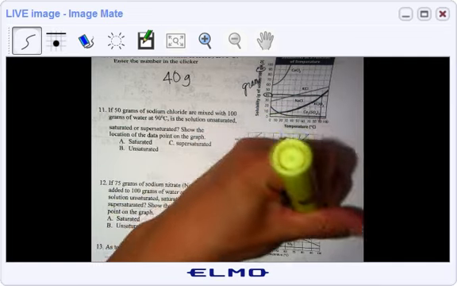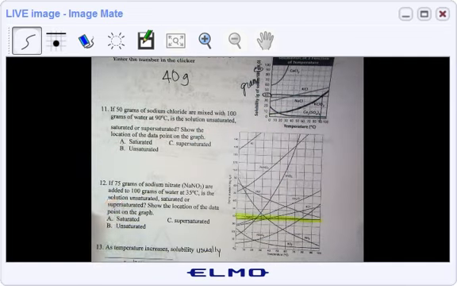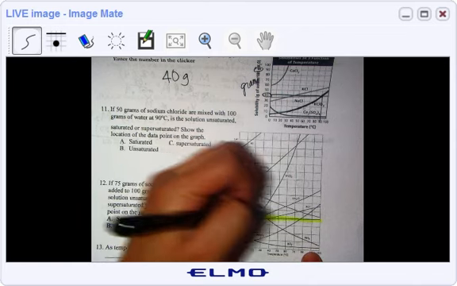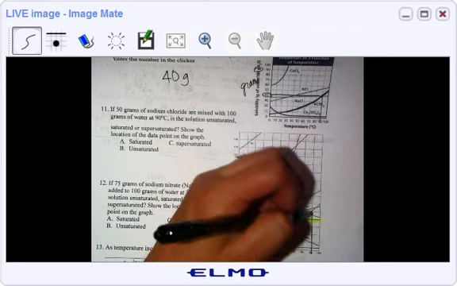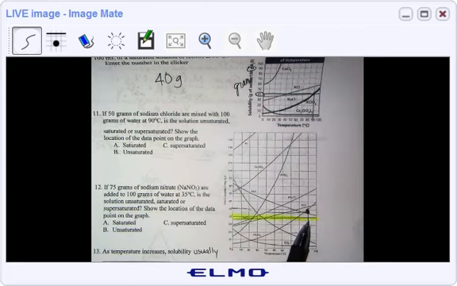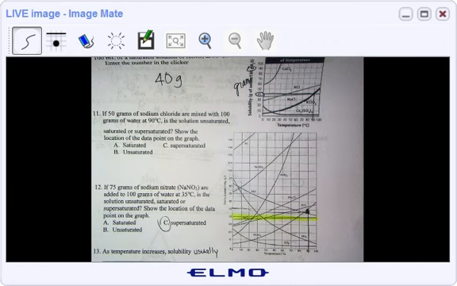Right there. Here's 50 and here's 90. So it's right above the line, above the yellow line. That is called supersaturated.